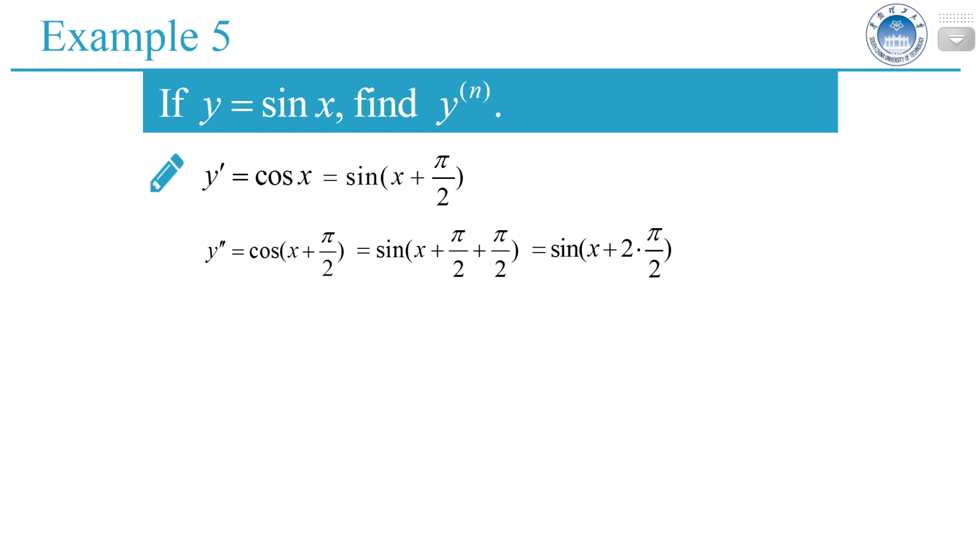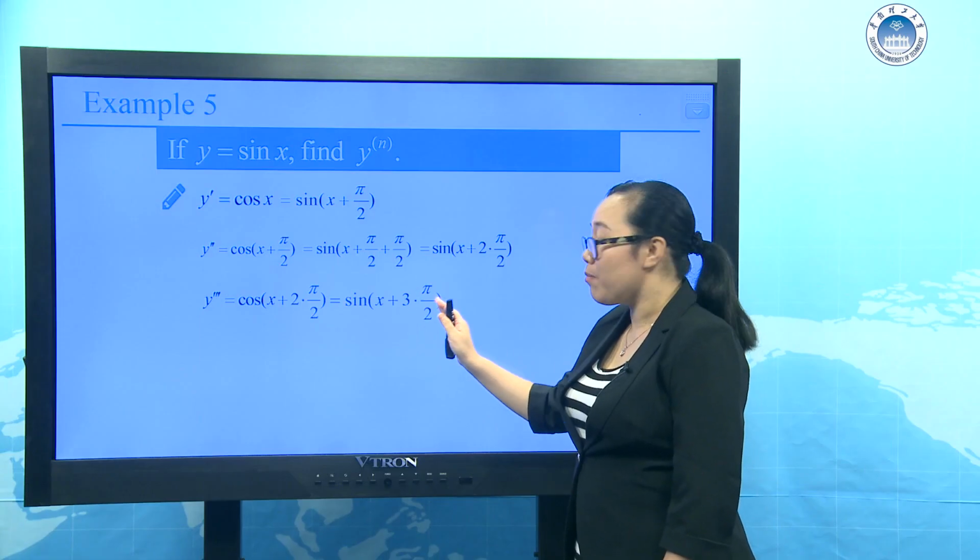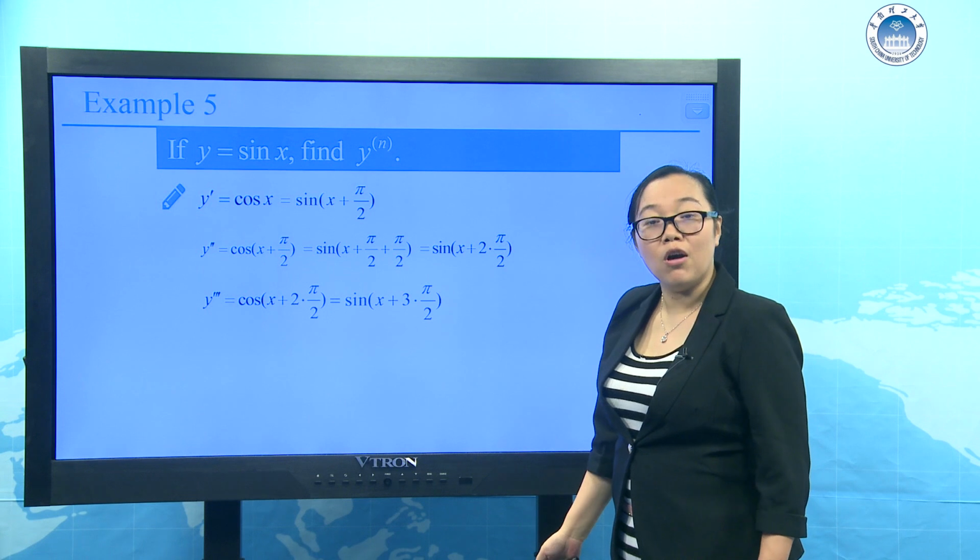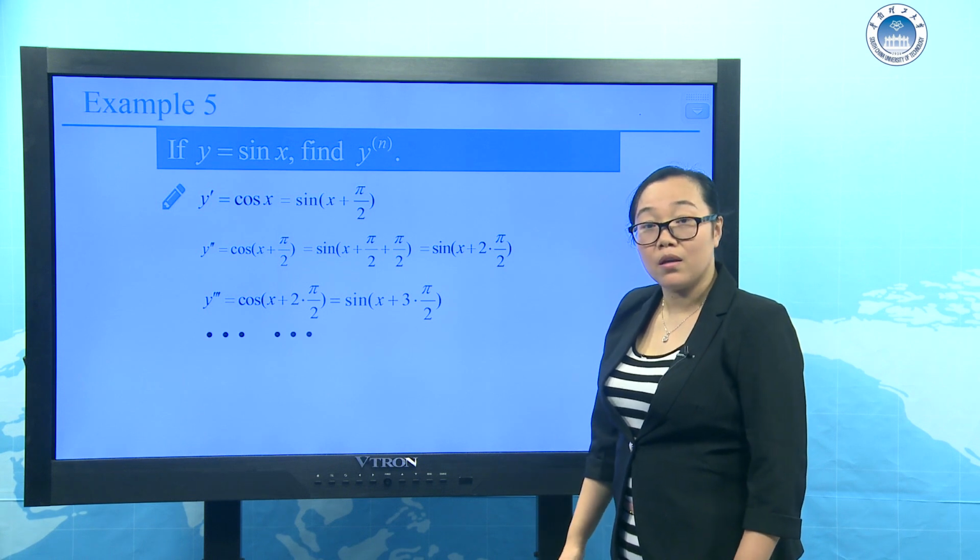So together, this means sin x doesn't change, and the two half pi's add up to 2 times half pi. And then we can get the triple prime: sin u, cosine u together change into sin(x plus 3 times half pi). So now we can get some conclusion.